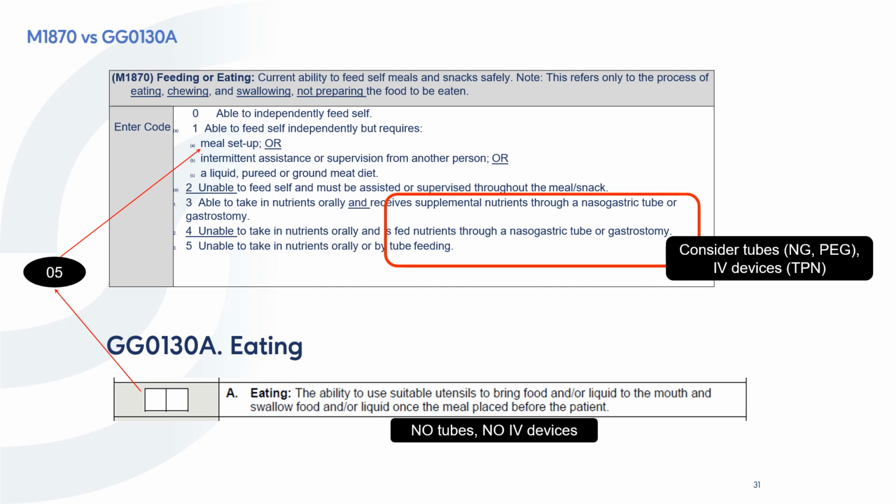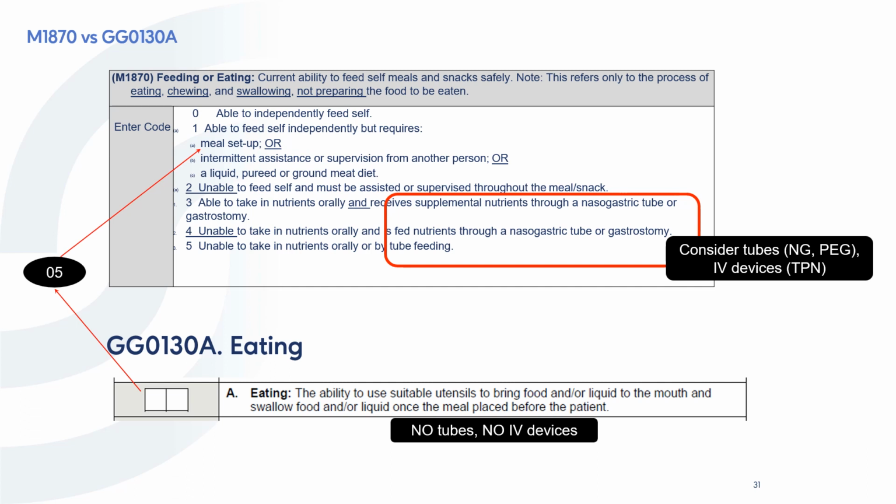If we look down on the GG 0130 item for eating, this is the ability to use suitable utensils to bring the food and/or liquid to the mouth, right? So once the food is put in front of me, how am I doing with feeding myself is really what you're thinking about. So that meal setup that the patient needed back in M1870 is going to be your code 05 for the GG 0130A.